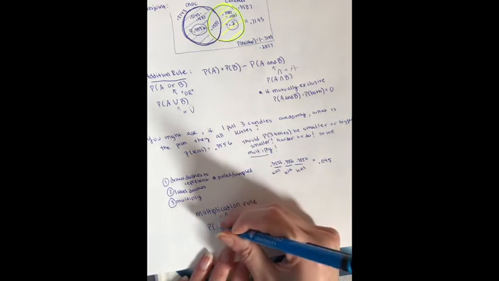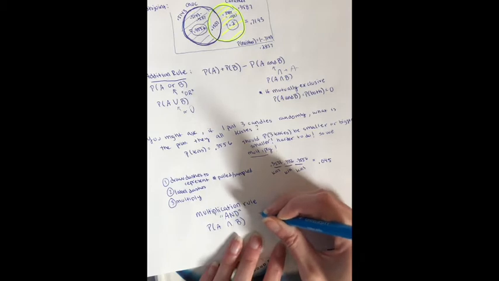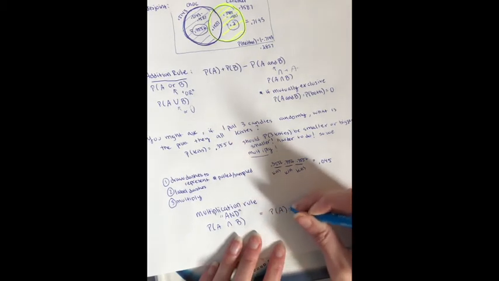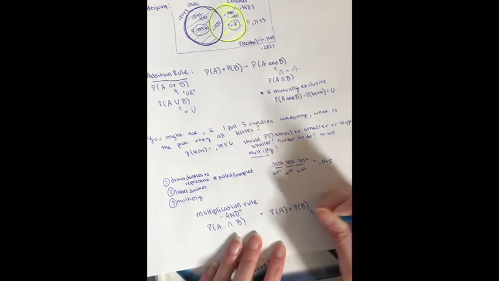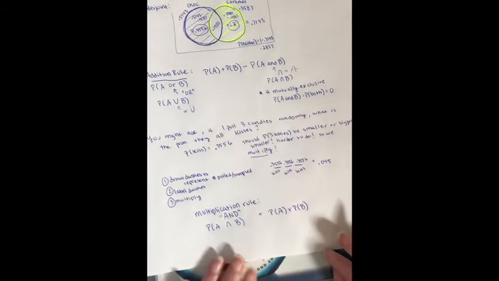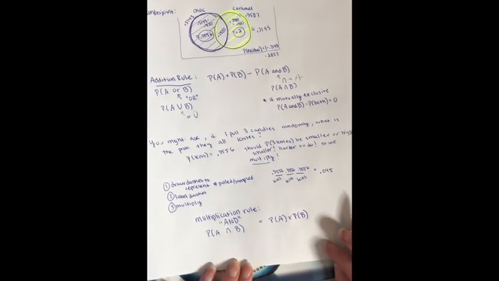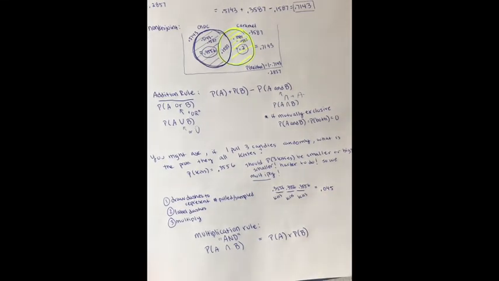So that is equal to multiplying. And just a side note, this is if they're independent events, and we'll talk about that later, but it's just multiplication. All right, so we're gonna see a few more examples, and then you guys are gonna try some on your own, and then we'll be almost done.